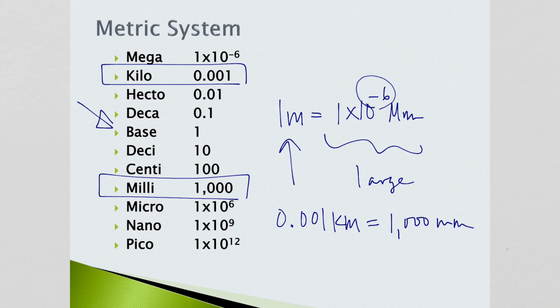So I don't have to include the base unit in my conversion factor. I can jump from one spot on the metric system to any other location on the metric system. And our base units are not only things like meters, but also we're talking about grams, liters, joules, and many others that we'll see throughout the year.